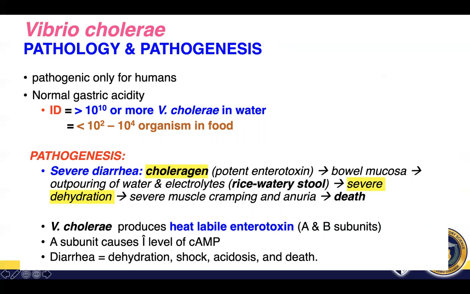Okay. Now, the pathogenesis of the infection is as follows. It can produce severe diarrhea. It can also cause mild infections. Okay. The severe type of infection is due to the presence of a potent enterotoxin called cholerae toxin. Okay. This enterotoxin affects the small bowel mucosa, okay, which leads to outpouring of water and electrolytes, hence the characteristic rice watery stool, basa ang tae.